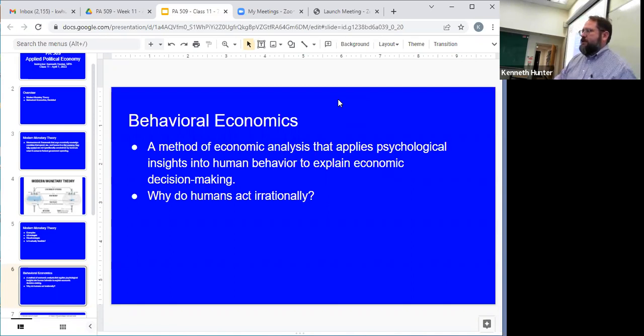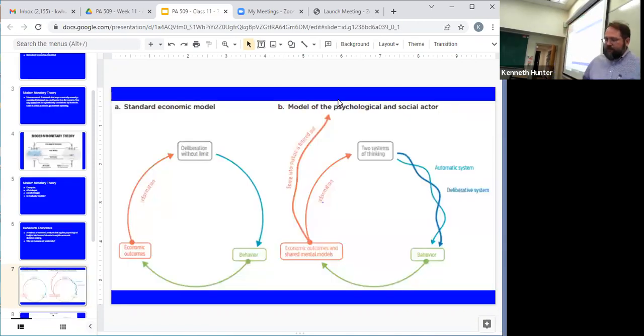And a lot of that gets into the discussions of political economy that the author of the text has talked about throughout. I think that gets a lot into it from a behavioral perspective. Because in a standard economic model, you have this concept of deliberation without limit, which leads to behavior leading to outcomes that provide the information for further deliberation. So it's a continuous circle that's supposed to work like a well-oiled machine.